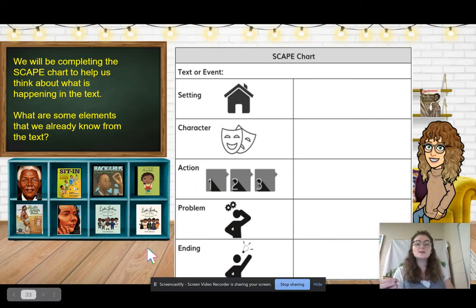So we are going to be reading the text for a second time. Remember, we reread texts to get a better understanding about what is happening and what we can learn from the text. So I am going to be reading this text again, and we're going to stop every once in a while for you to answer a question in the Ed puzzle about your scape.